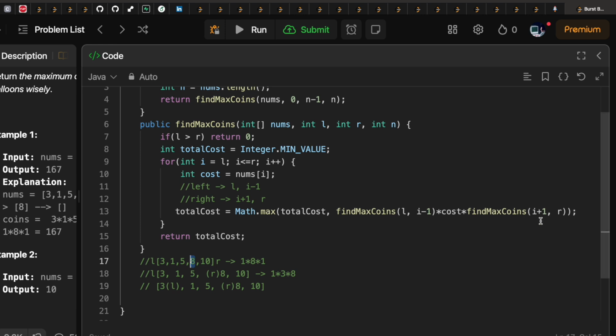But for this case, I will become plus 1.